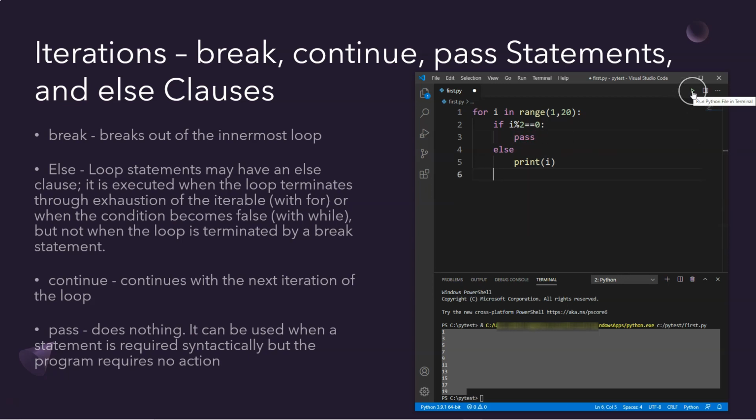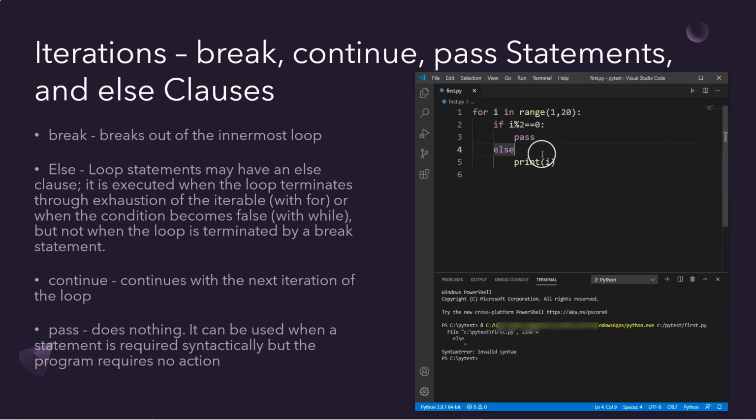So if I run this, whenever it hits this, it will just pass. It will not do anything, and it will again end up printing only the odd numbers. So this pass statement was making it run without any problem, without doing anything.